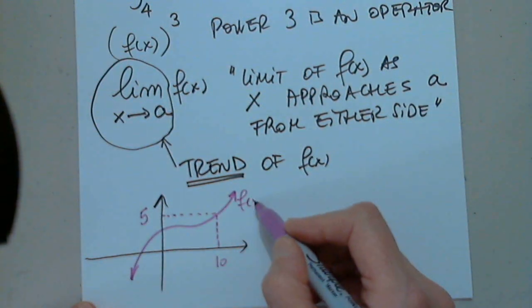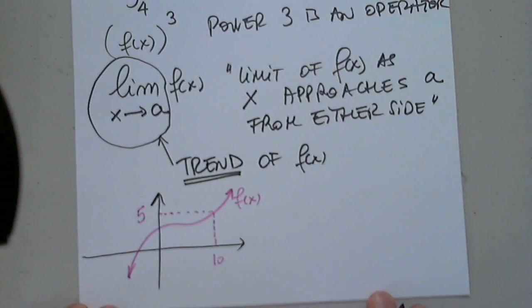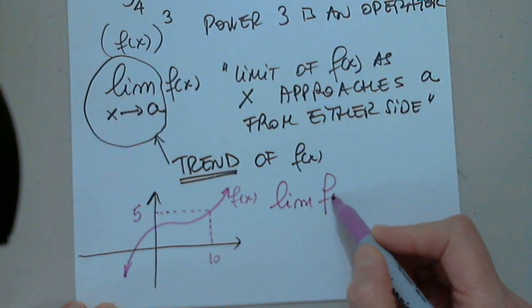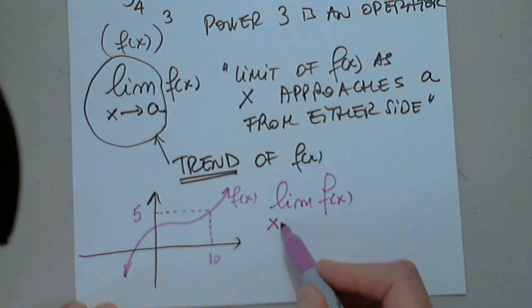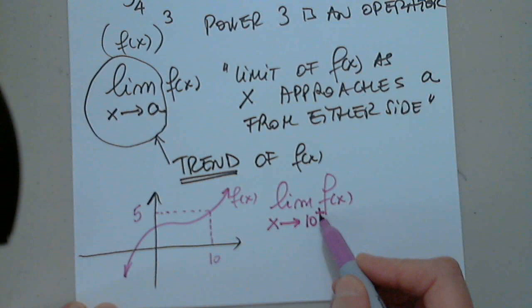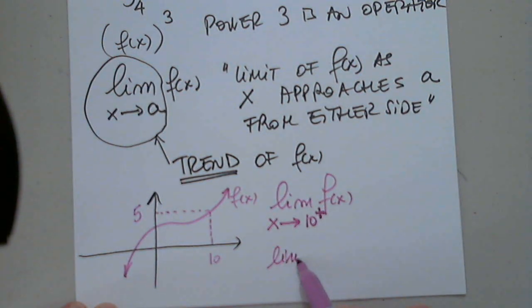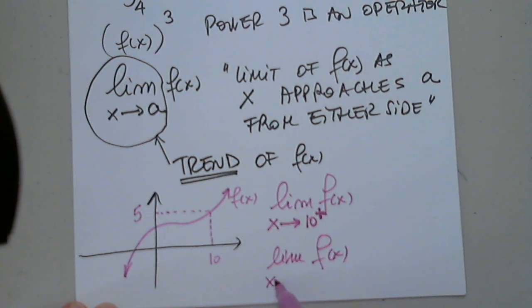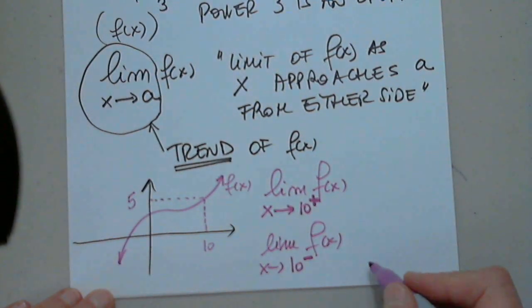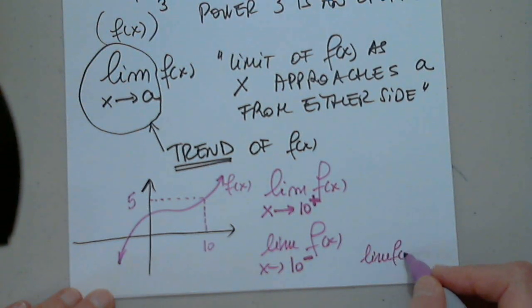I'm going to say this is function f of x. And I'm going to ask you 3 questions. I would like to write the third one here. I'm going to squeeze it in.